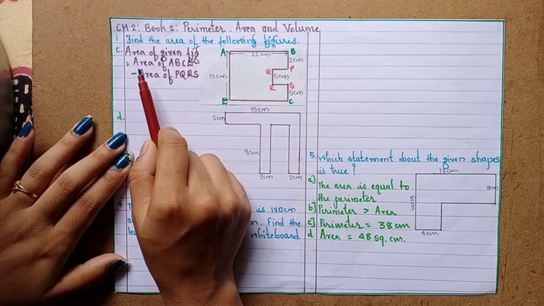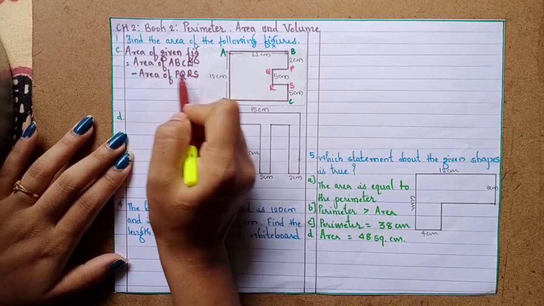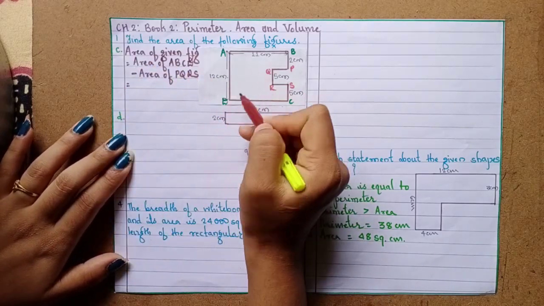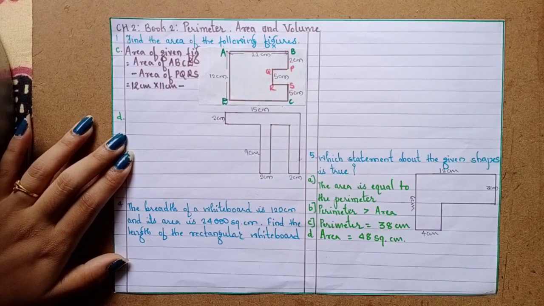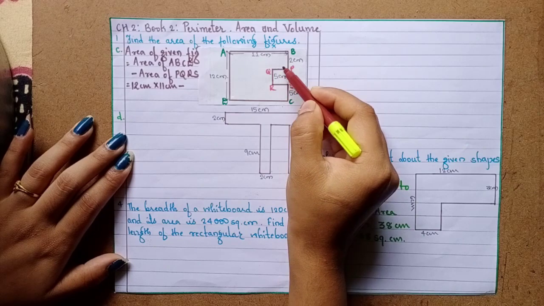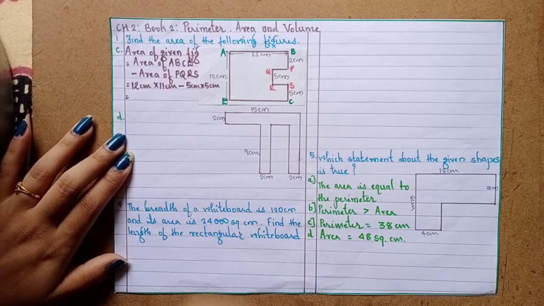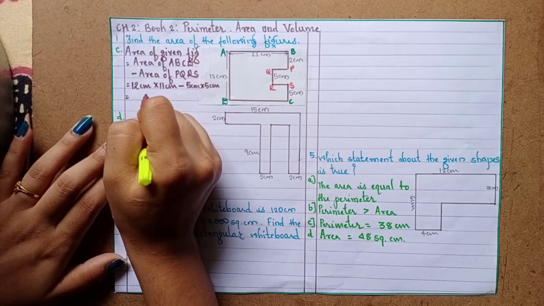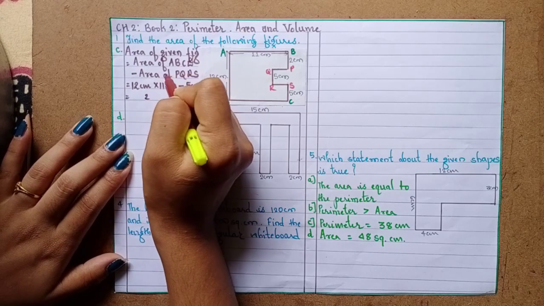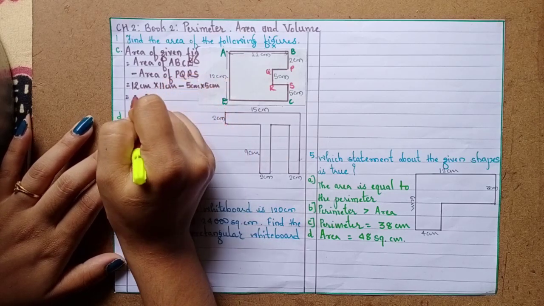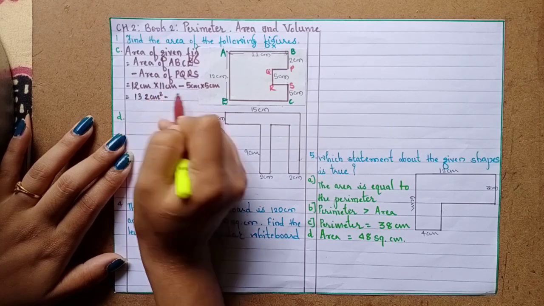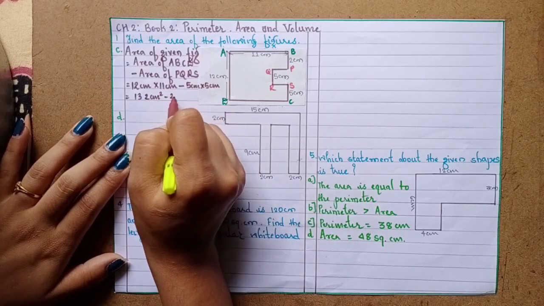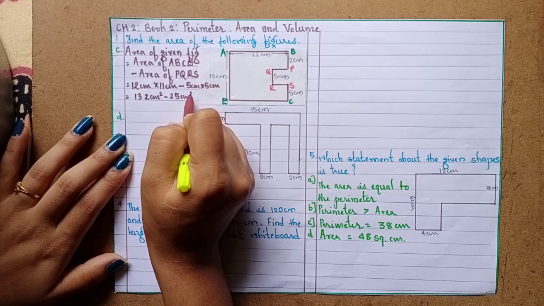So let's find the area of ABCD, which is length into breadth, that is 12 centimeter into 11 centimeter, minus 5 centimeter into 5 centimeter. 12 ones are 12. So 2 here, 1 carry, 12 ones are 12 plus 1, 13, therefore 132 centimeter square, minus 5 fives are 25 square centimeter.